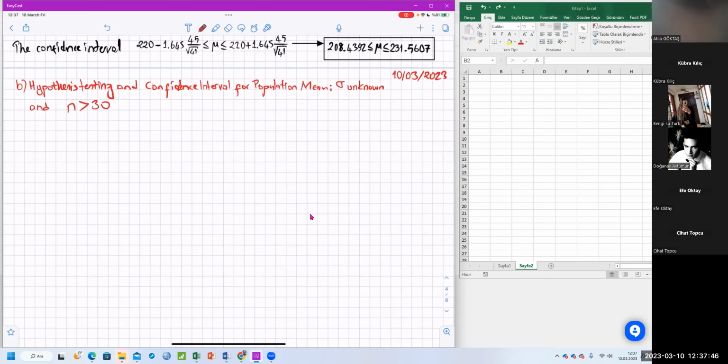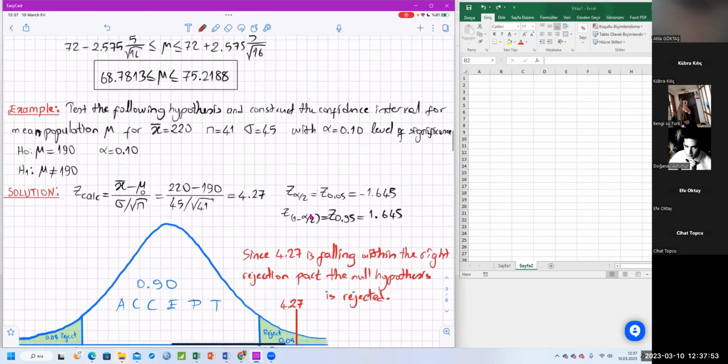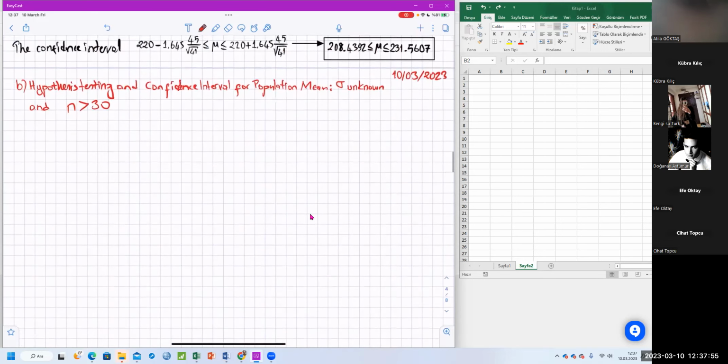If sigma is not known, the population standard deviation is not known from previous information, then there could be two ways: either n is greater than 30 or n is less than 30.